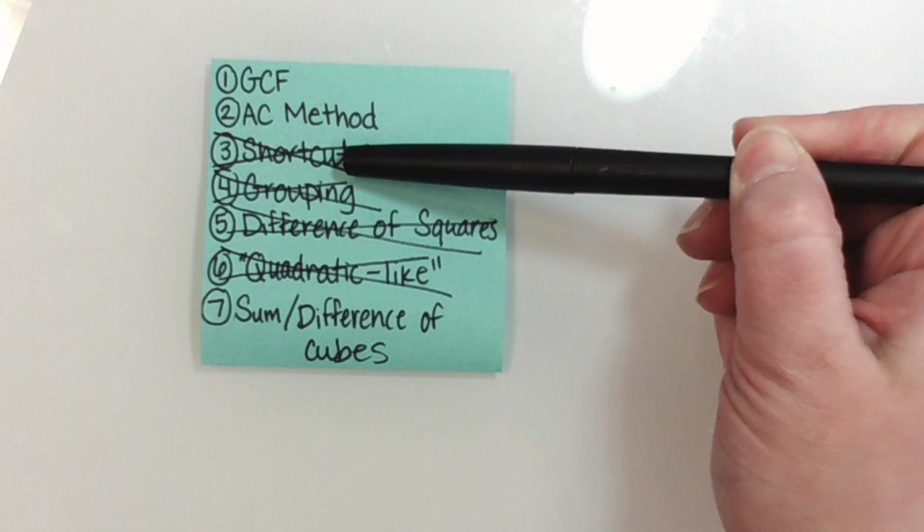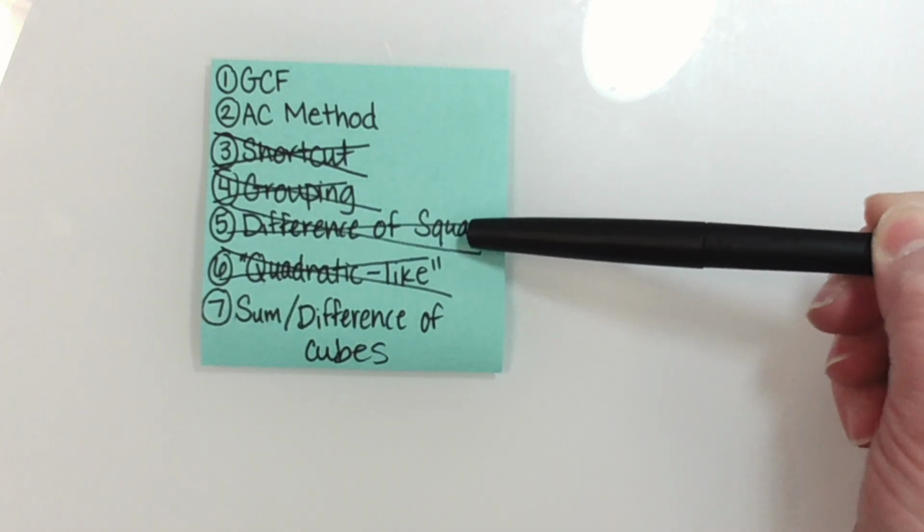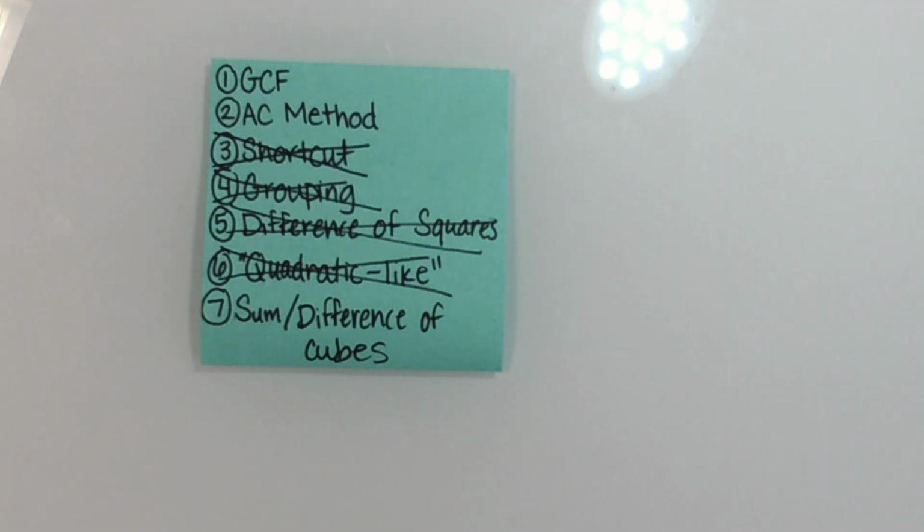That's a shortcut. That's a feature of AC method. Technically, it's separate. You could do AC method on this. It's a shortcut. Quadratic-like ones still use AC method. In all actuality, I am asking you to master 3 forms of factoring. Greatest common factor, AC method, and then we've got the formula for the sum and the difference of cubes.